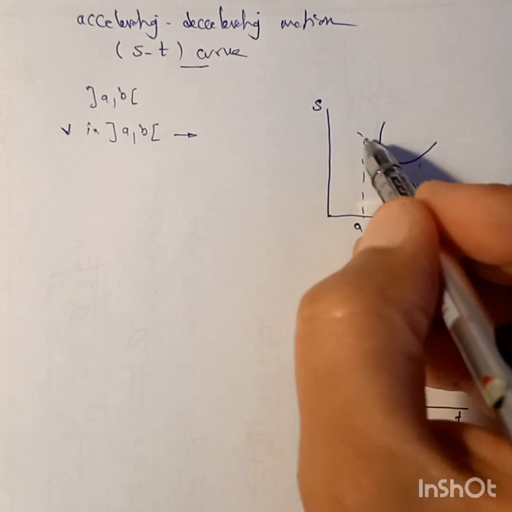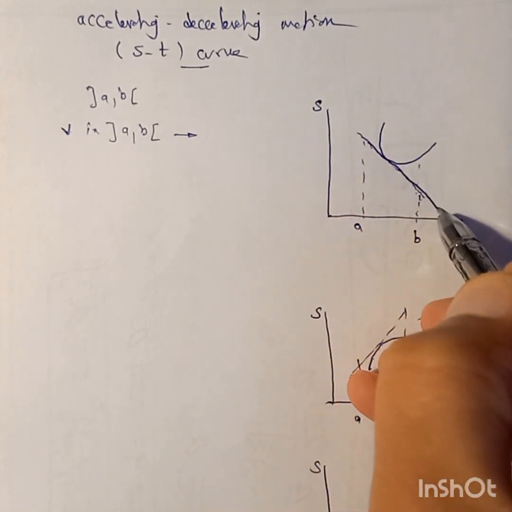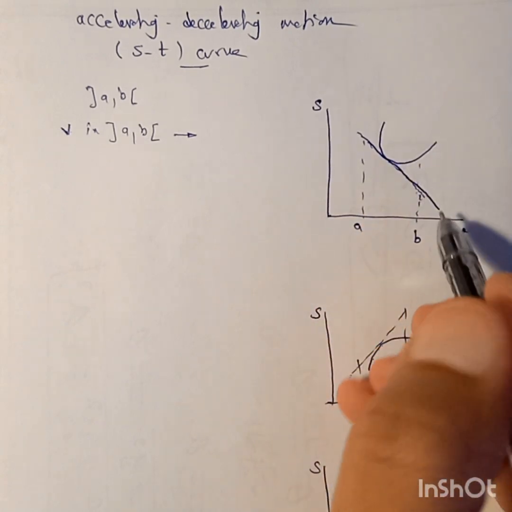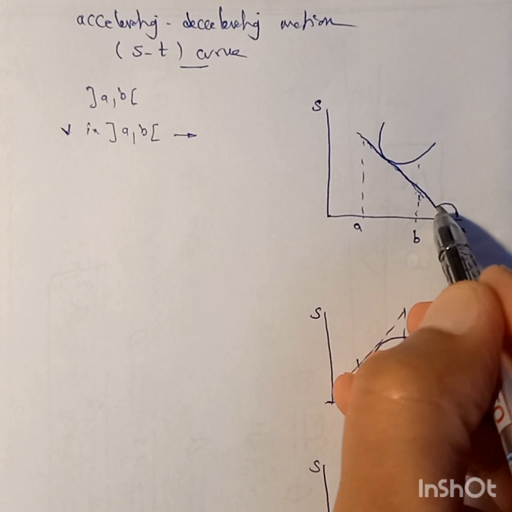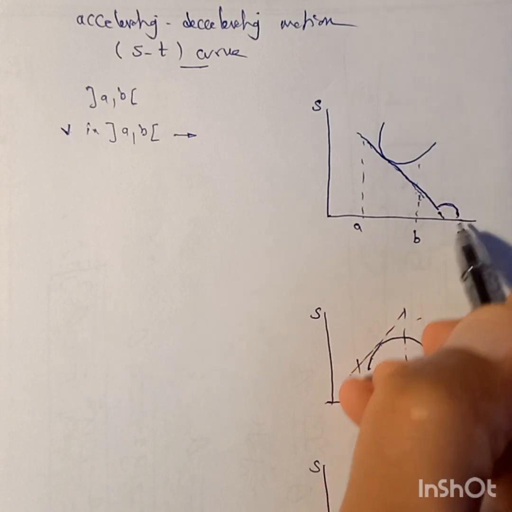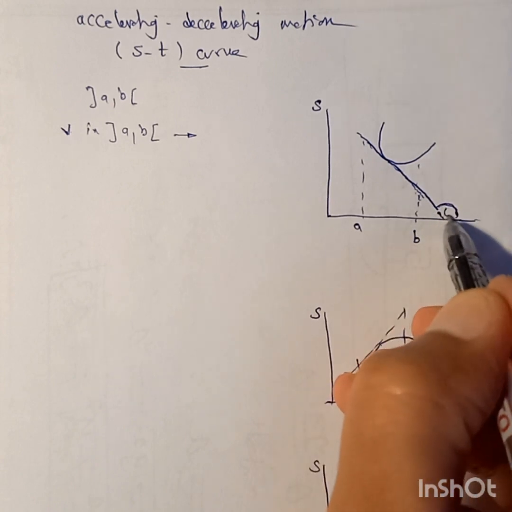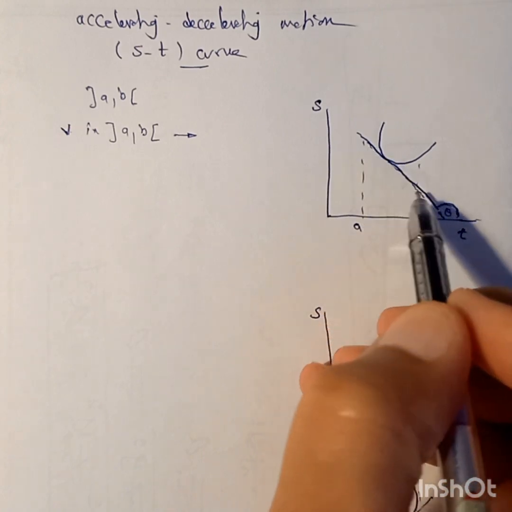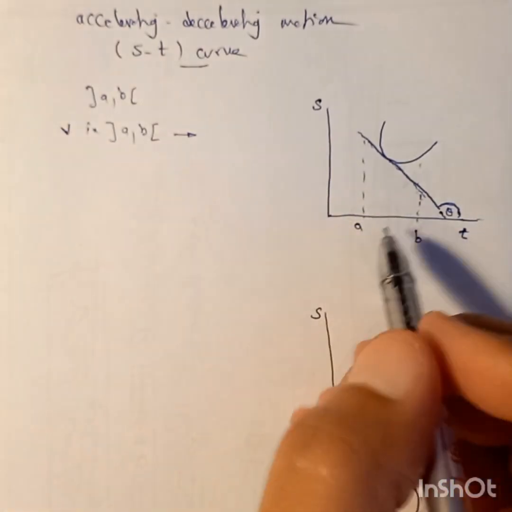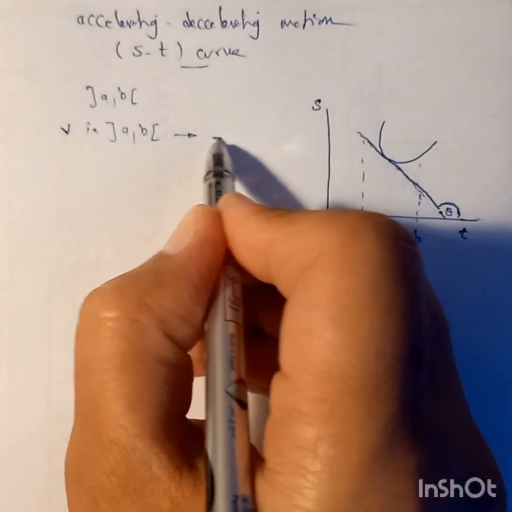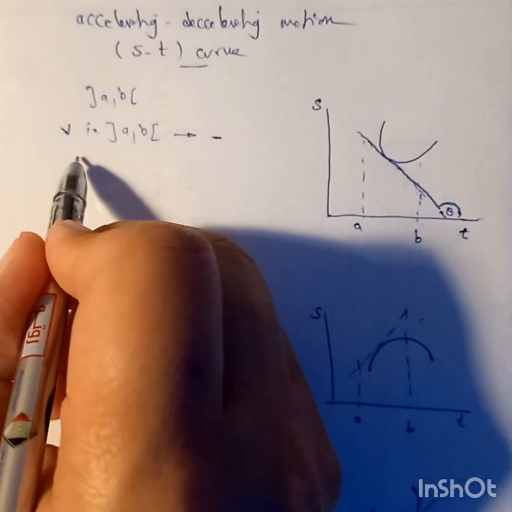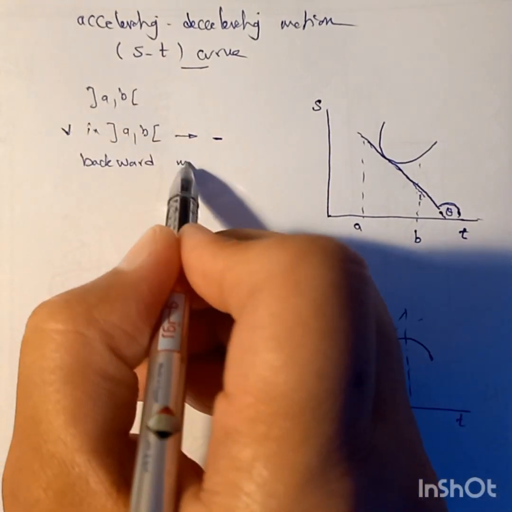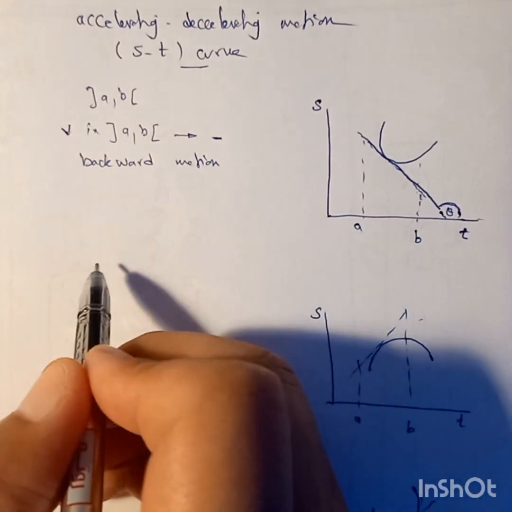As we draw this tangent to the curve, the tangent makes an obtuse angle theta with the horizontal x-axis, so the slope of the tangent is negative, then the velocity during this time interval is negative as well. Then we have backward motion. This is the first step.